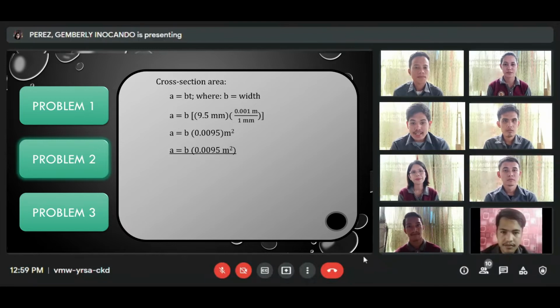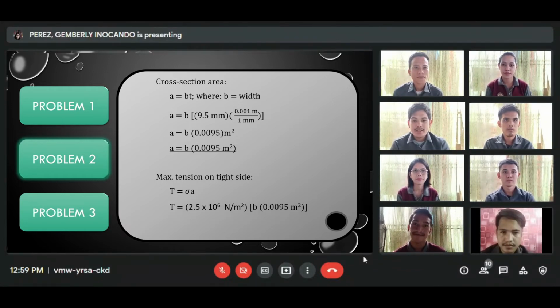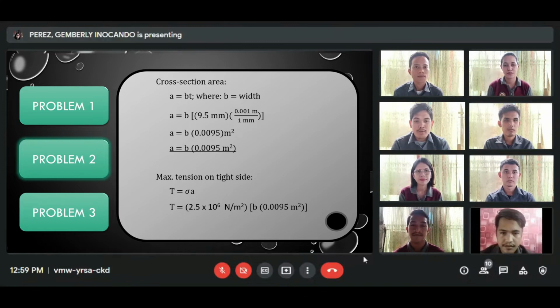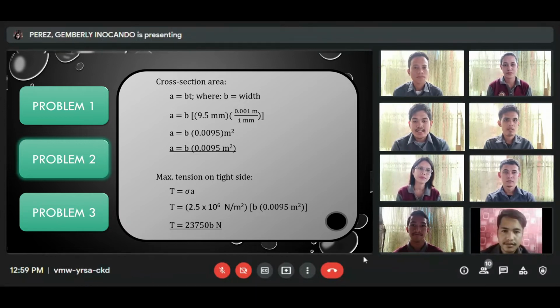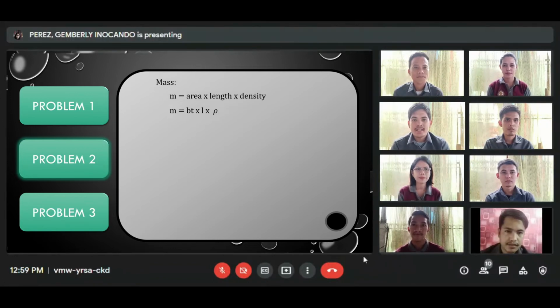Next is the max tension of the tight side. T equals stress multiplied by area. So T equals 2.5 times 10 to the power of 6 Newton per square meter multiplied by B times 0.0095 square meters. So the answer is T equals 23,750 B Newton. Third is the mass.